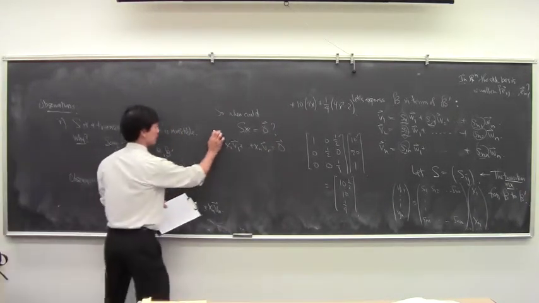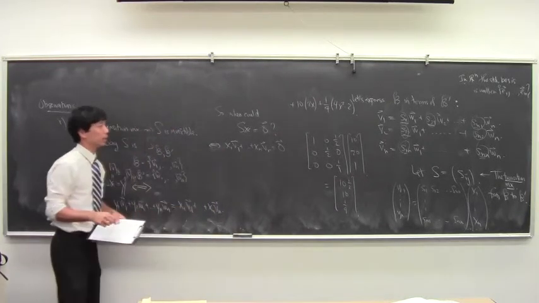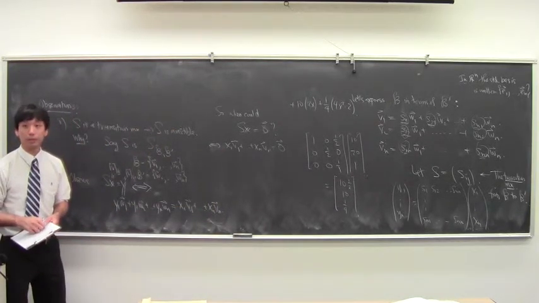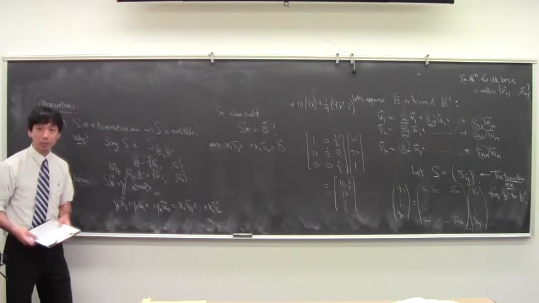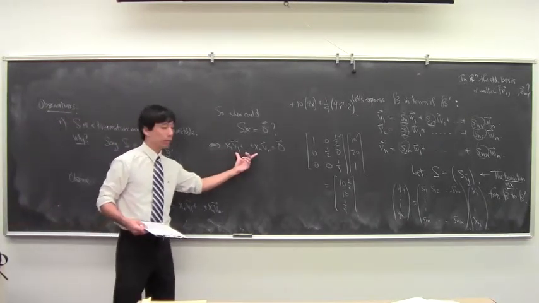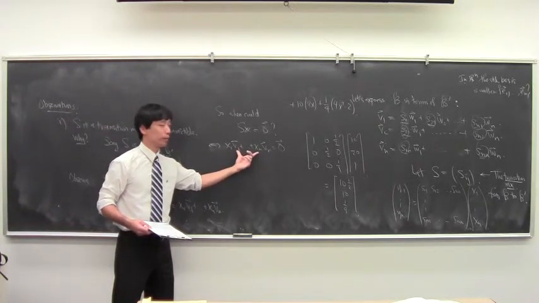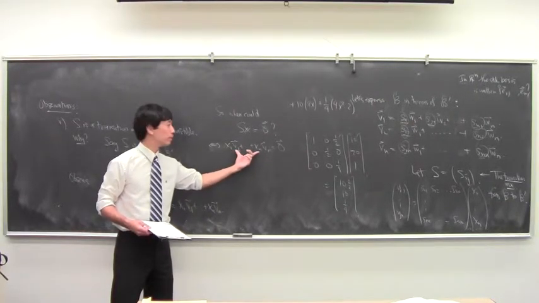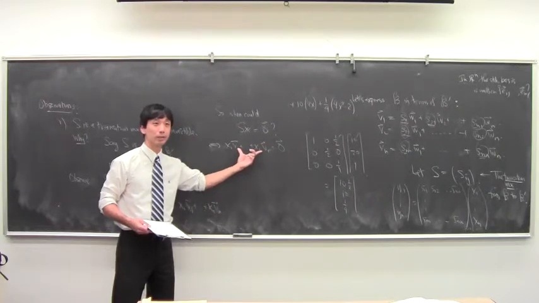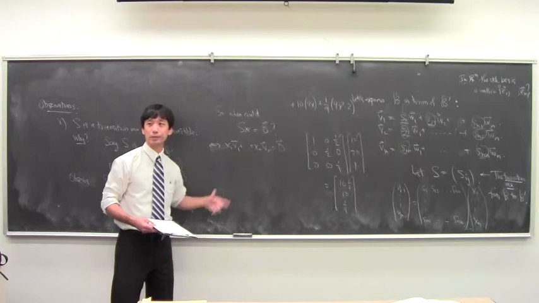That happens if and only if x1 v1 through xn vn is 0. What would that tell you? All the x's have to be 0, because the vi's are a basis. They're linearly independent, so the only way you can get 0 is if all the coefficients are 0.